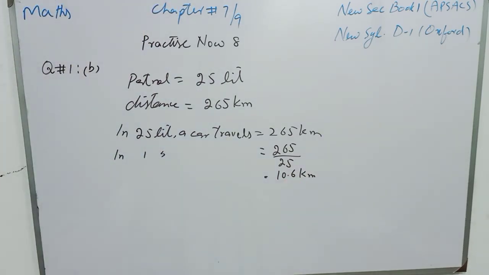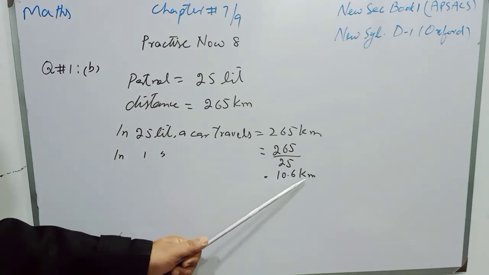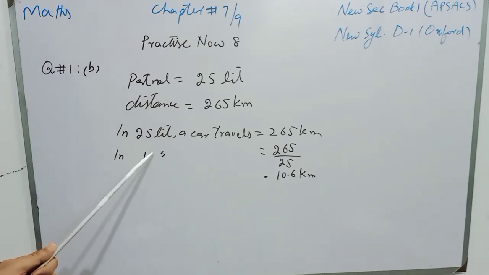Divide 265 by 25, and we will have 10.6 kilometers in 1 liter. It means that the car will travel 10.6 kilometers in 1 liter.